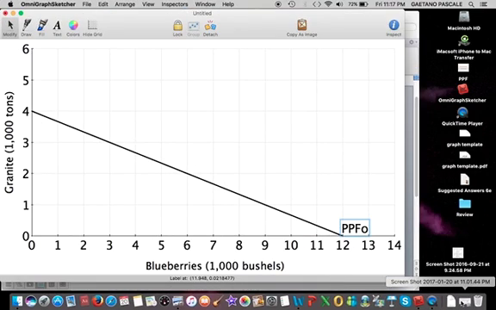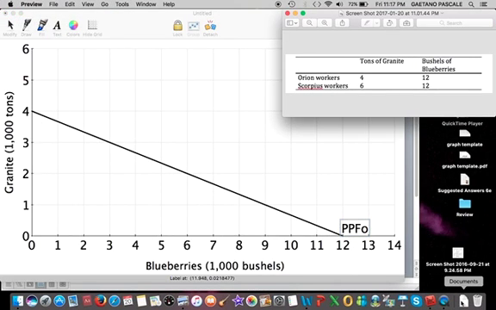If we continue with this, now we actually want to use that information to draw the PPFs. Now both countries have 1,000 workers, so if each worker can produce 4 tons of granite, that means that in Orion, if every worker is used in granite production, 4,000 tons of granite could be produced.